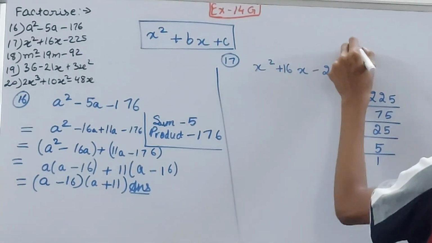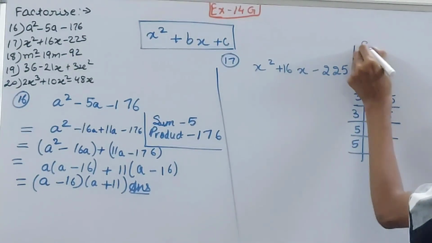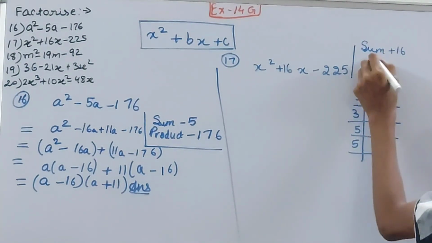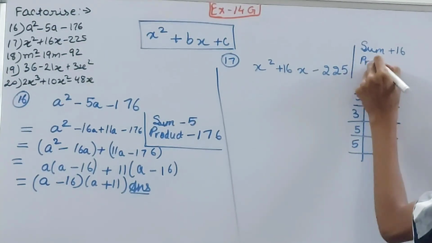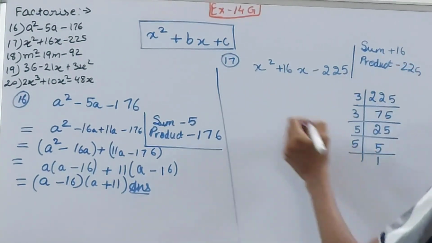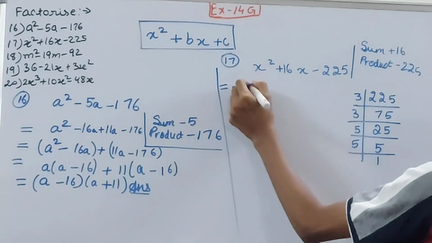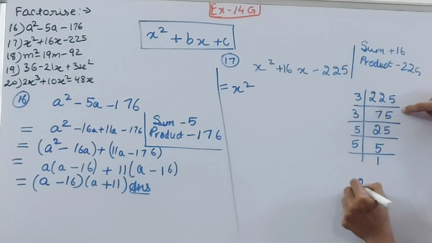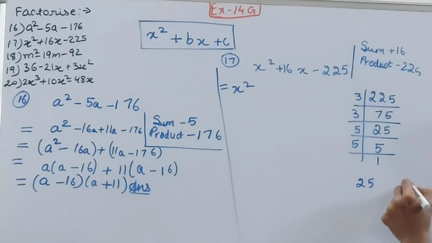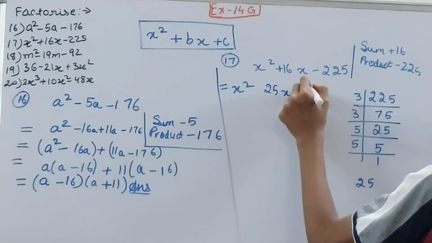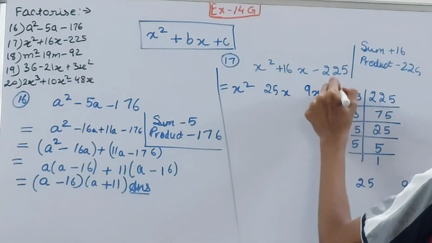So first of all, write down whatever conditions you require. Your sum has to be plus 16, and the product that you break it into has to be minus 225. We have already done the prime factorization. x square, now one factor we have taken as 25, another factor as 9. Now we also have to give the signs, so 25x and 9x and minus 225.